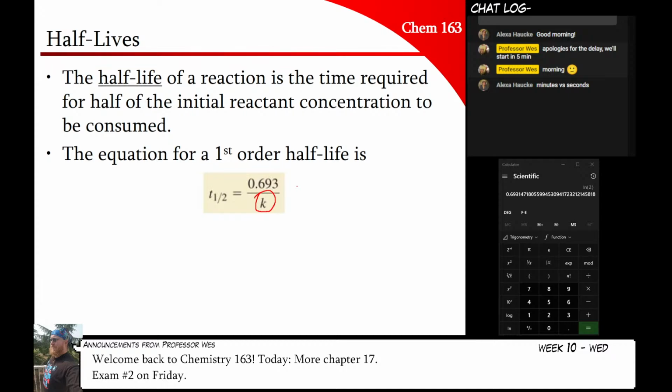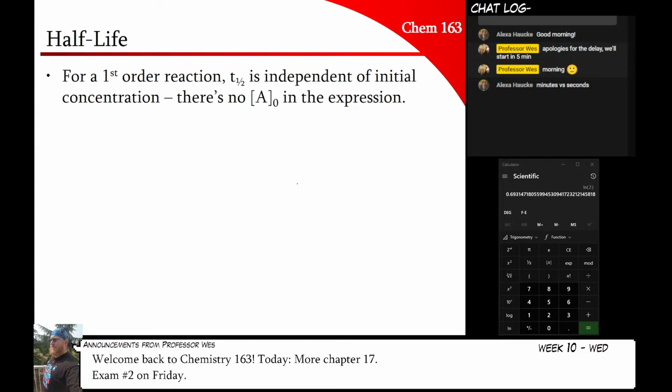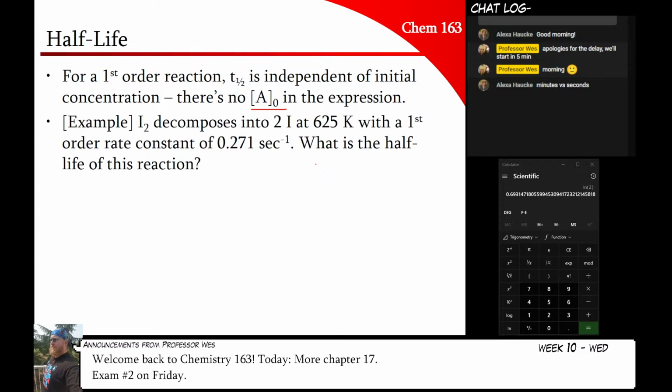And this will work regardless of how much you start with. I already wrote the proof, so it's fine. So there is no initial concentration in the expression, so it doesn't matter how much you begin with. For the other rate laws, when we do a similar treatment for math, the amount that you have does matter. But for this one, it doesn't.